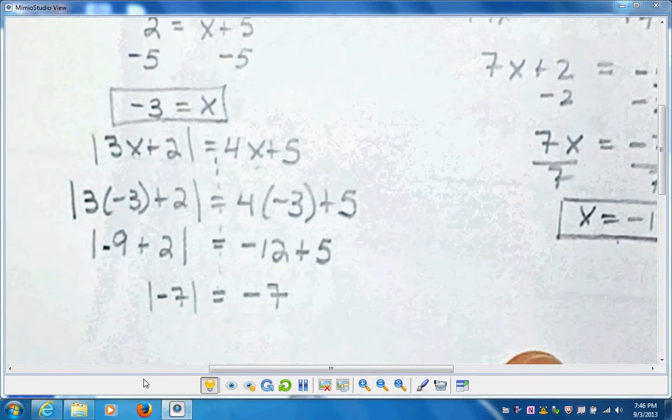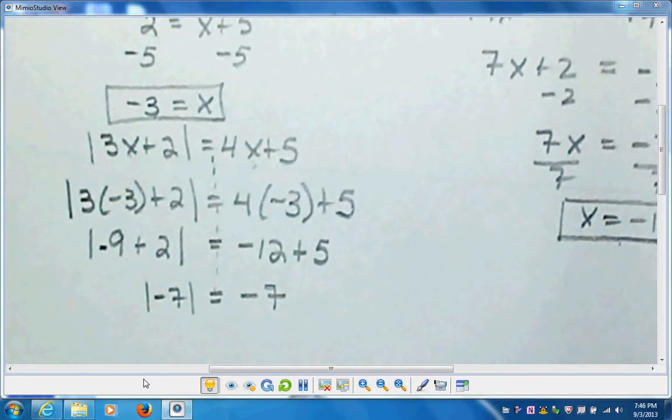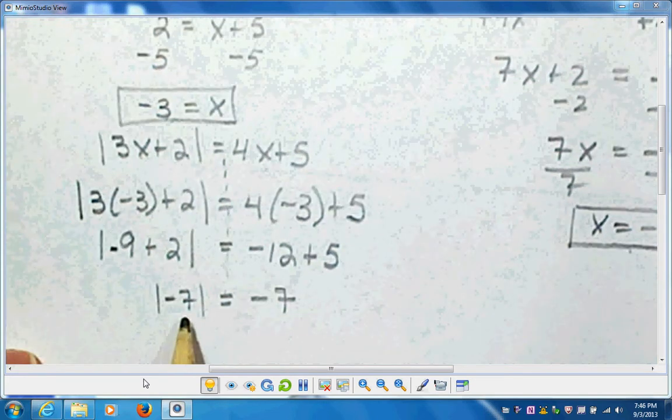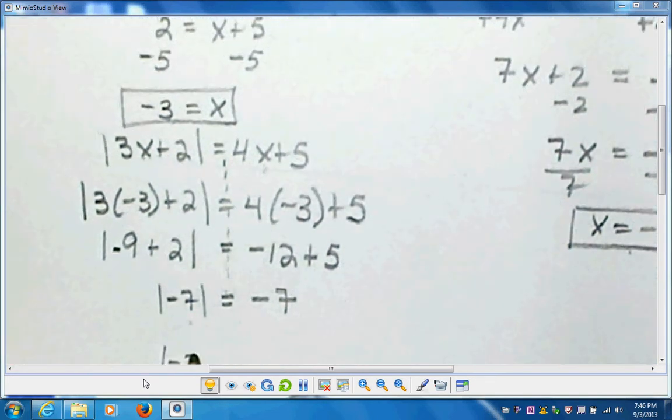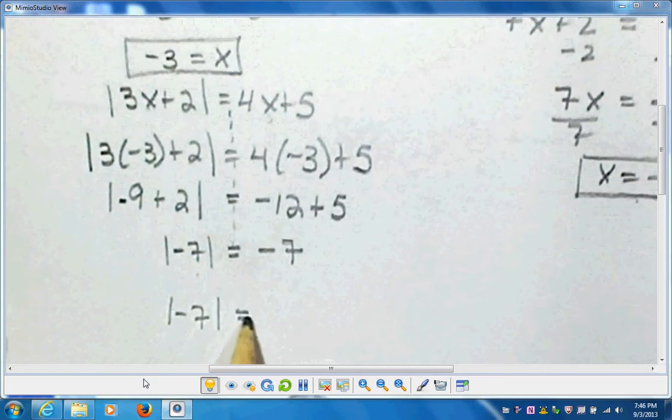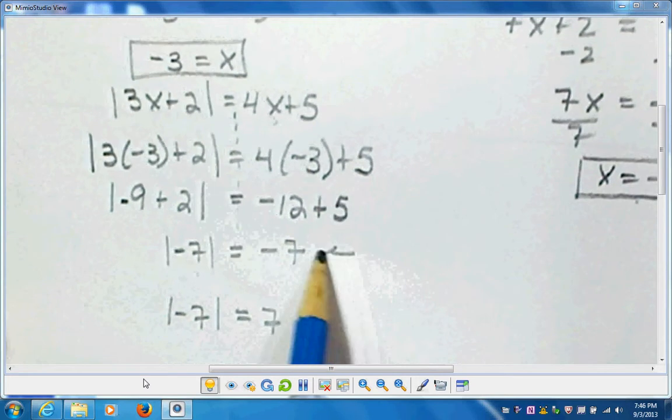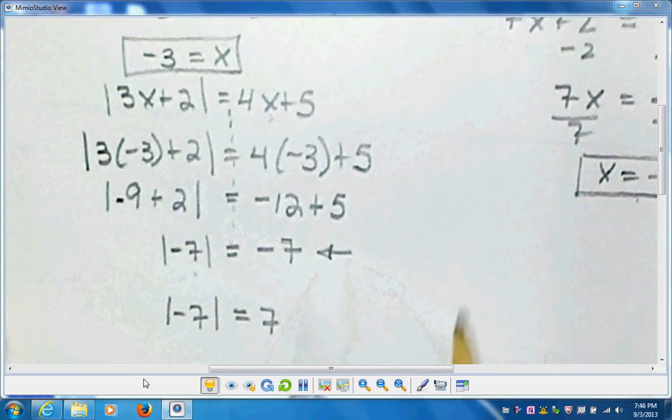Well, wait. Let's think a minute. We're saying the absolute value of a number equals a negative value. Can an absolute value be negative? The answer is no, because absolute value is the measure of distance. So we know that the absolute value of negative 7 should equal 7, but that's not what we got. We got negative 7, right?